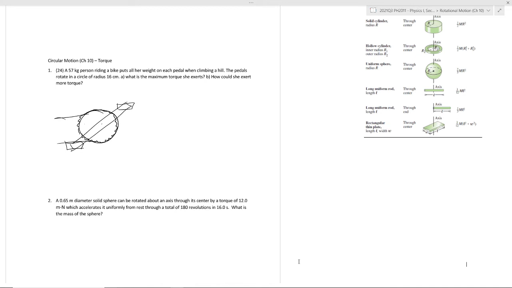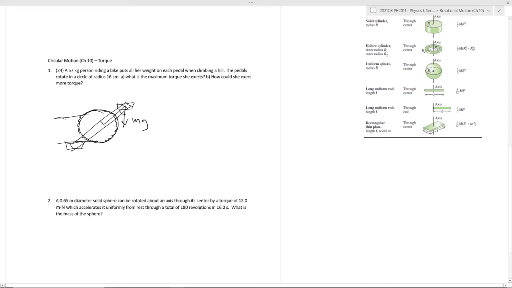So the first part of the question: what's the maximum torque? We imagine the person's weight is pushing down on the pedals. And think of this R as being from here to here, the radius of the crank.